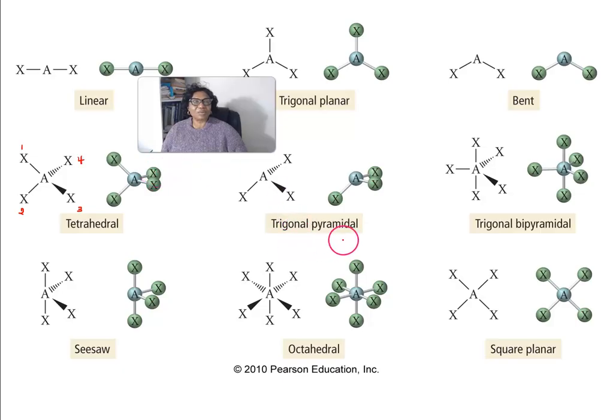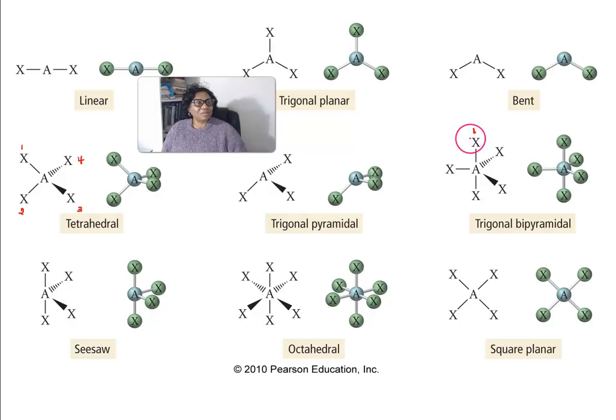Let's look at trigonal pyramidal. This is pointing to you, is facing you. This one is on the plane of the paper, and this one is pointing at the back. So just look at this. This one, you see, is facing you, this one at the back, and this one is on the plane of the paper. A and X are on the plane of the paper. Let's look at trigonal pyramidal.